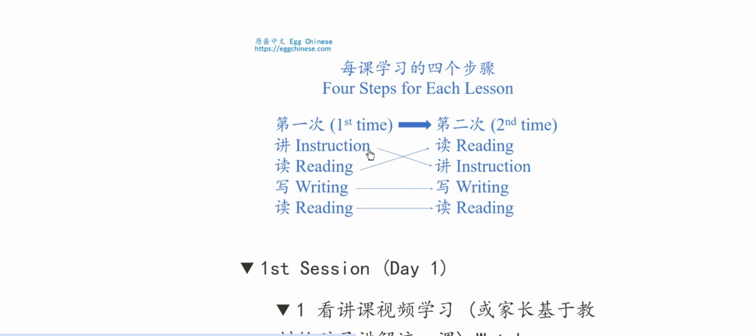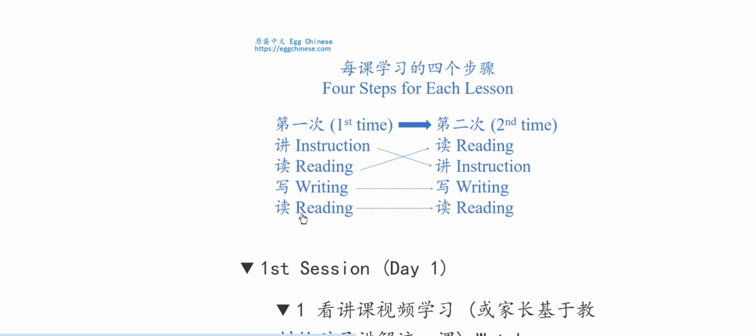And the second step, we will ask the students to read that lesson in Pinyin or in Chinese. And then we will ask the students to write the common characters as a third step.